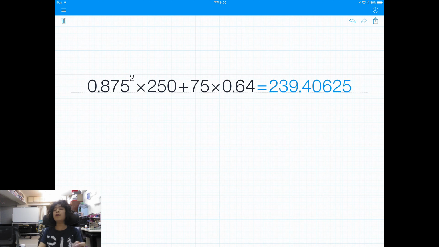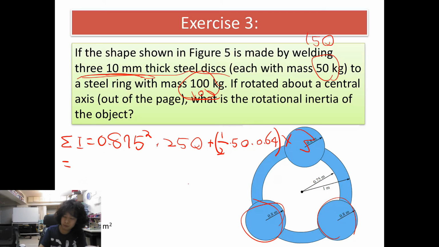Okay, so it's equal to 239.40. So it's around 240.